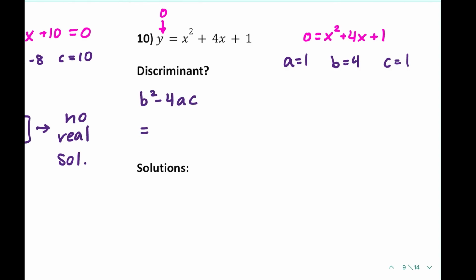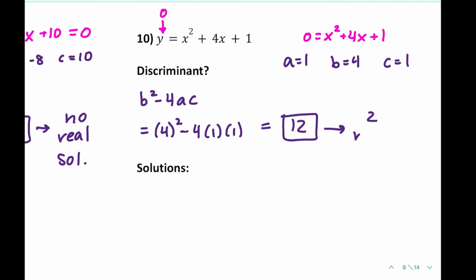See what we get? B squared is 4 squared minus 4 times 1 times 1. So then I have to figure out that value. Put it in your calculator. I got out 12. So that's a positive number telling me there are 2 real solutions.